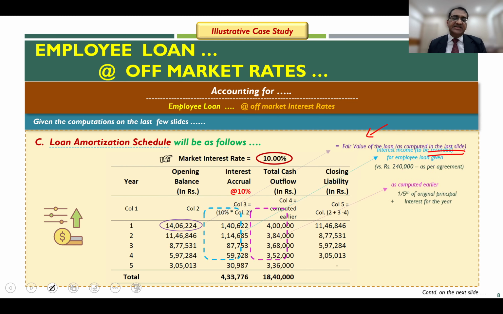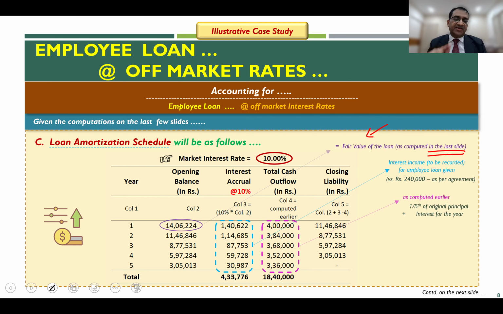And these two numbers, interest accrual and cash outflow, this cash outflow is straight coming from what we have computed in the previous slide, representing 1/5 of the principal plus interest for each of the year. Now this is interesting. What is 433,776? As I told you, this represents the interest income.